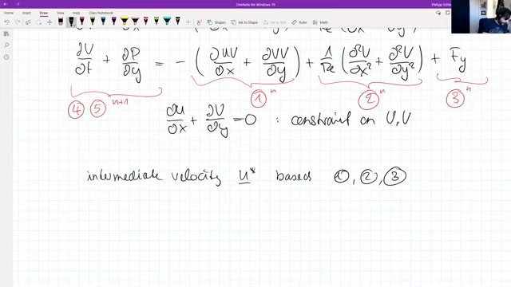So formally speaking, I can write like this: u star minus un as vectors divided by delta t. This is my steps 1, 2, and 3 together.